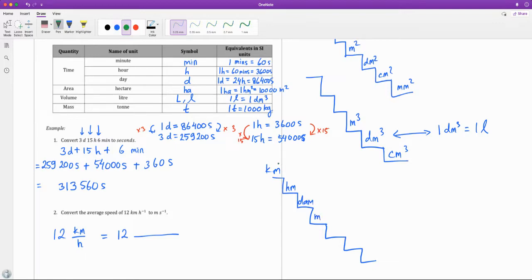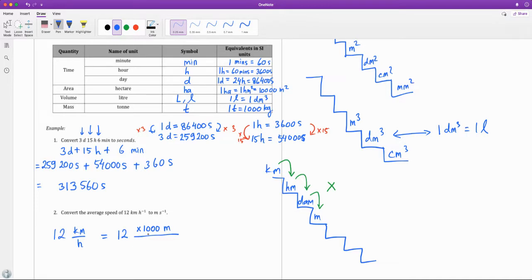So we have to step down 3 times. Step down, remember we need to multiply by 1,000 in this case. So we multiply by 1,000 meter.